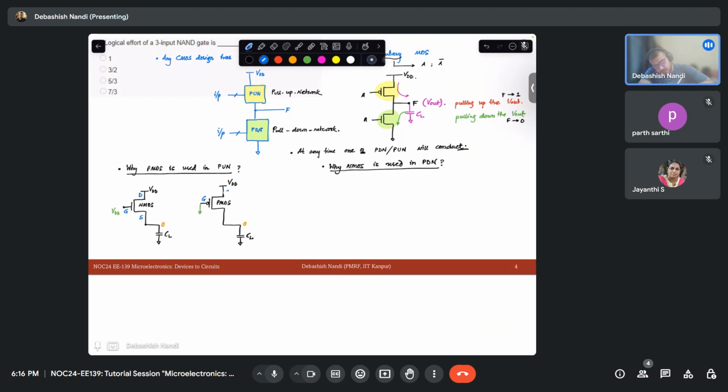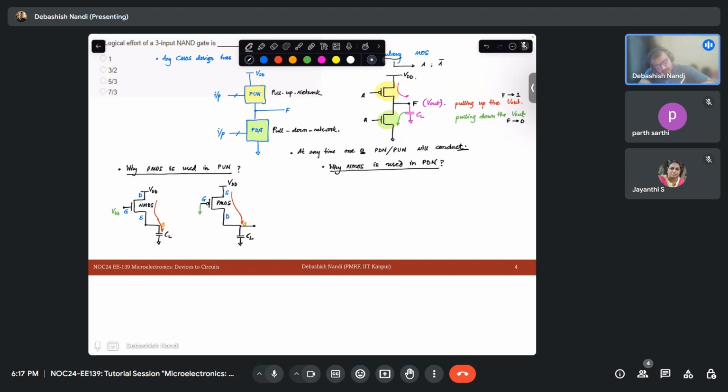So this is your source, right? In case of PMOS, my source is connected to the higher potential, and this is your drain. Fine. Now think that this is basically your charging path, right? This thing should charge. Now in case of PMOS, till what value will my CL be charged?